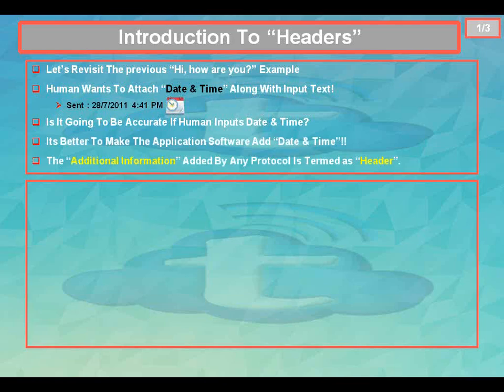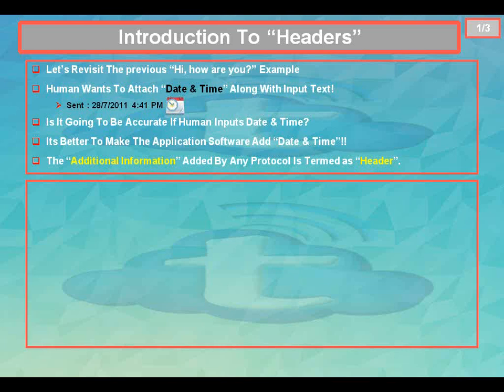Any additional information attached by any protocol at any layer is called a header. Right now, this date and time is going to be a header added by the application to present the data to the receiver, to explain when this data was generated. One more additional field is getting attached, and this is called a header.